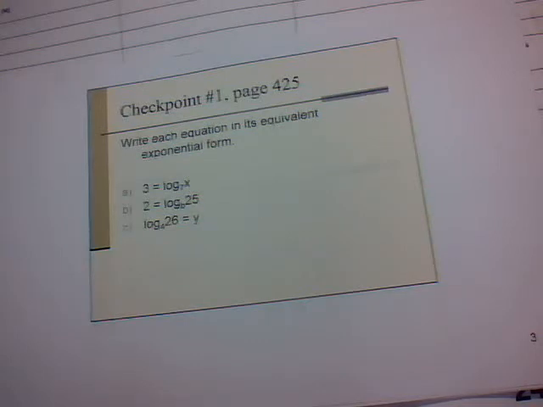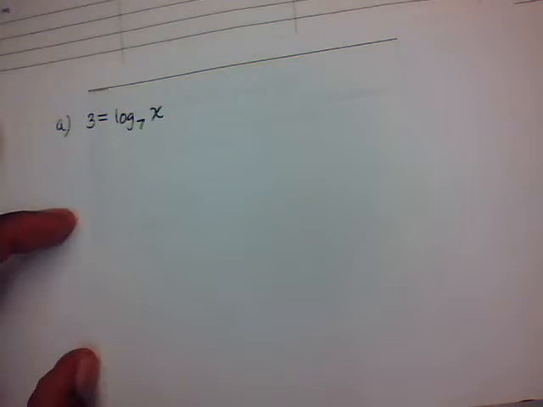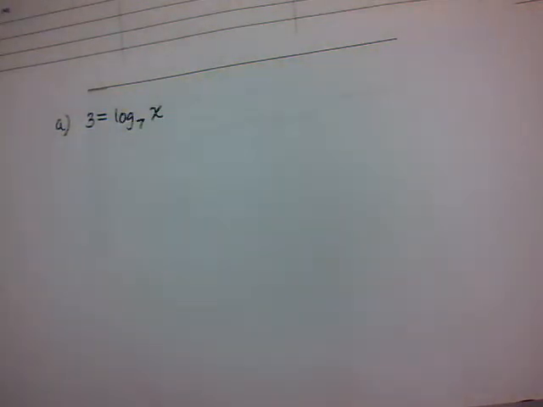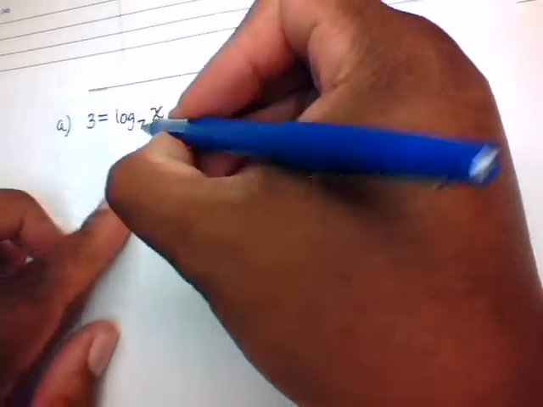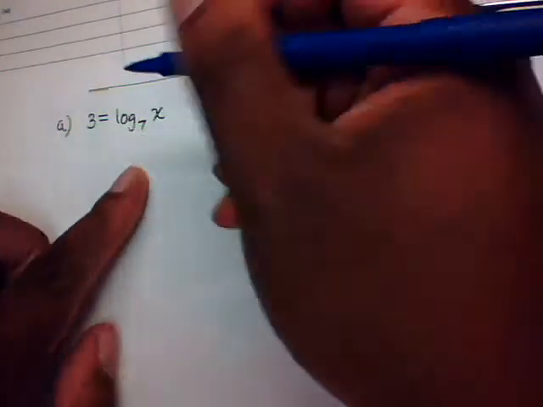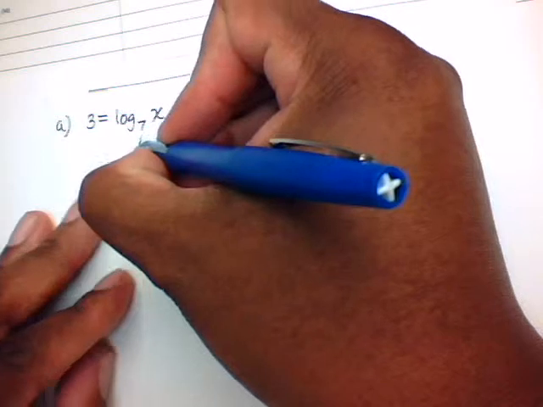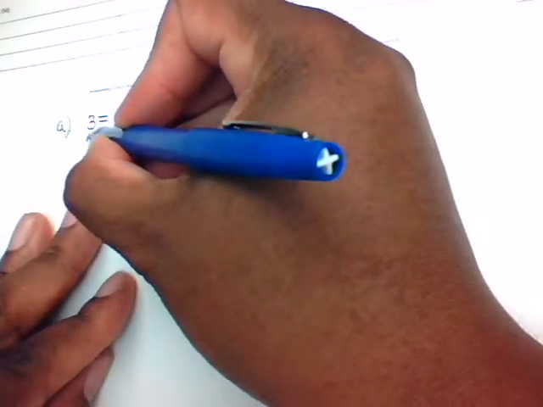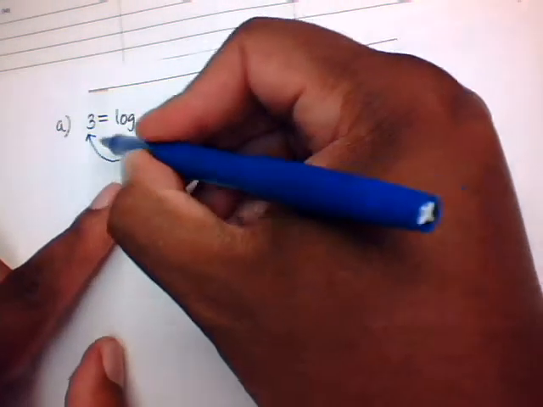In part A, you have 3 equals log to the base 7 of x. Here we're going to convert that into its equivalent exponential form. The subscript for the log is your base, which is 7. That 7 will be the base for this 3, which will be your exponent.